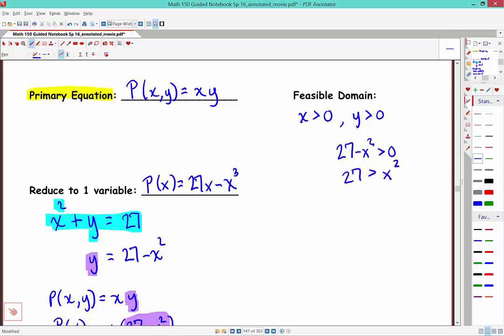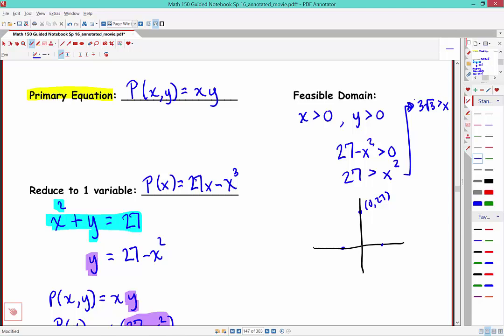That would be a parabola opening downward. So it's basically going to be up here at 0, 27, and then you'll have it somewhere here, which is root 27, which of course is 3 root 3, would have to be greater than x.